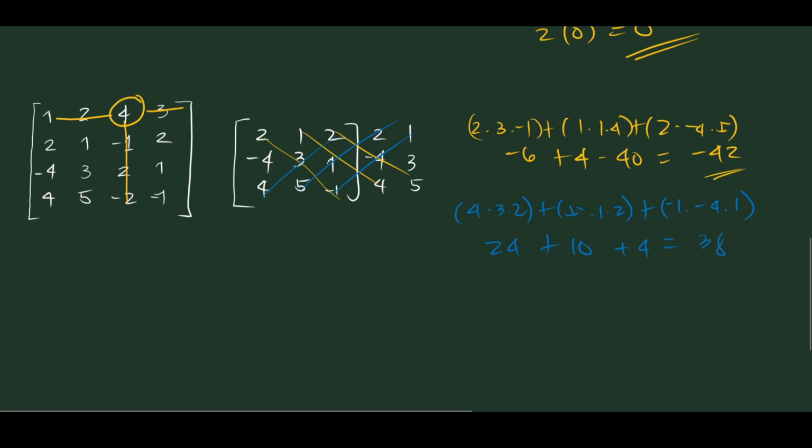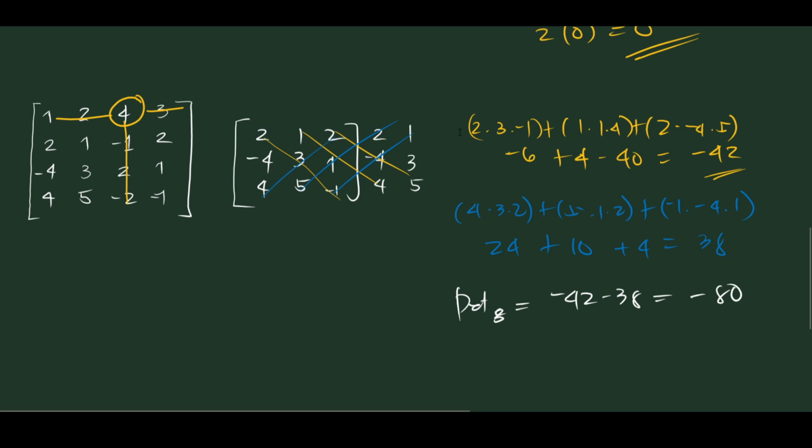Now let's calculate our third determinant, determinant C. The determinant of 3 is equal to negative 42 minus 38. So we get 38 plus 42, that would be 80, right? So negative 80.